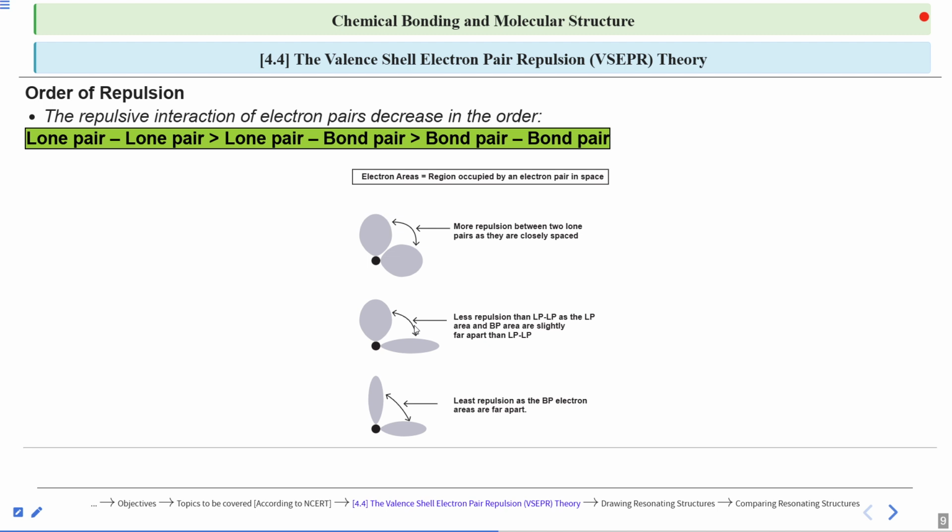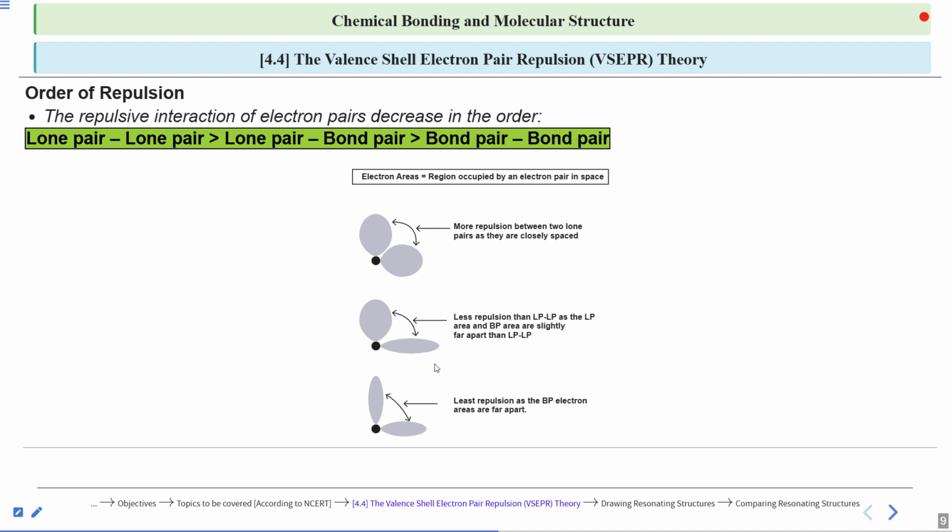In the second case, we have the lone pair and the bond pair. So this stretched one, if you see this oval, this is the stretched one, okay, and this is the flattened one. So this stretched oval signifies that your charge is the same, but it is being distributed over a larger area. Or you can say it is not onto this circle, it is away from this circle.